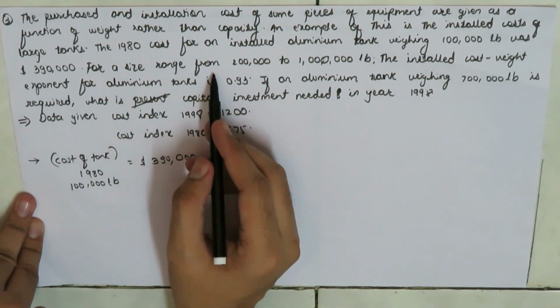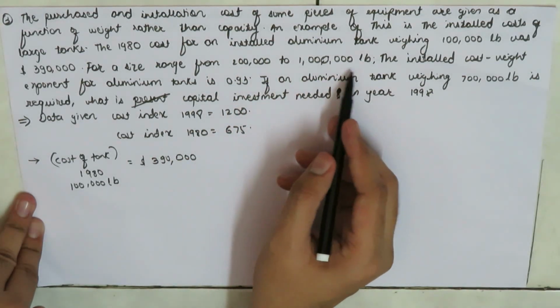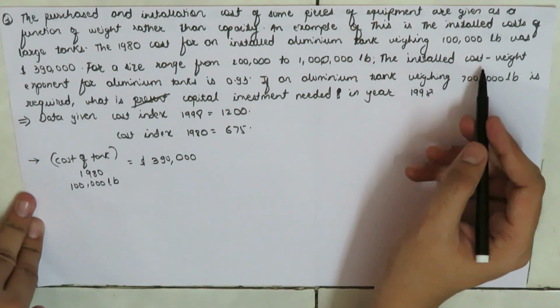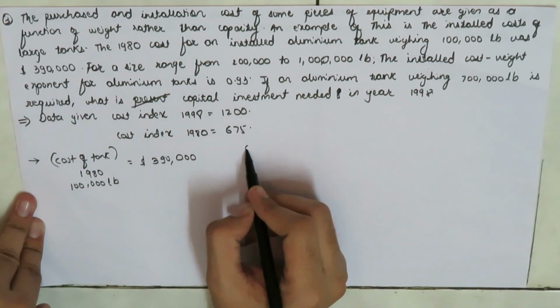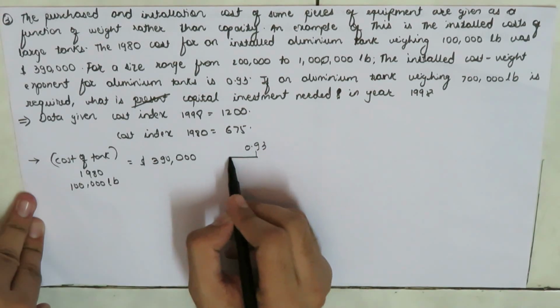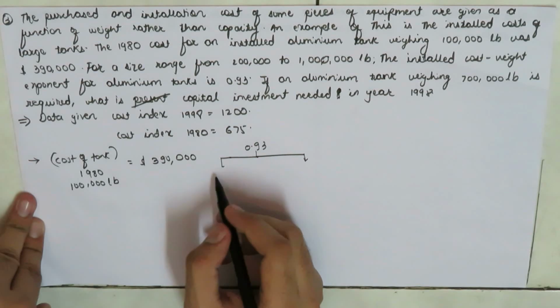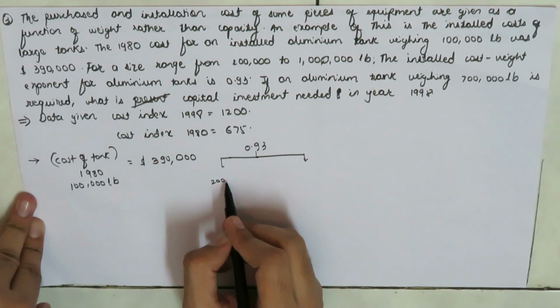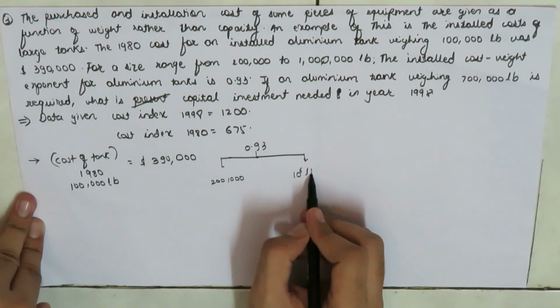For the size range from 200 into 10 to the power 3 to 10 to the power 6 pound, the installed cost weight exponent for the aluminum tank is 0.93. So the exponent is 0.93 for the weight ranging between 200 into 10 to the power 3 to 10 to the power 6 pound.